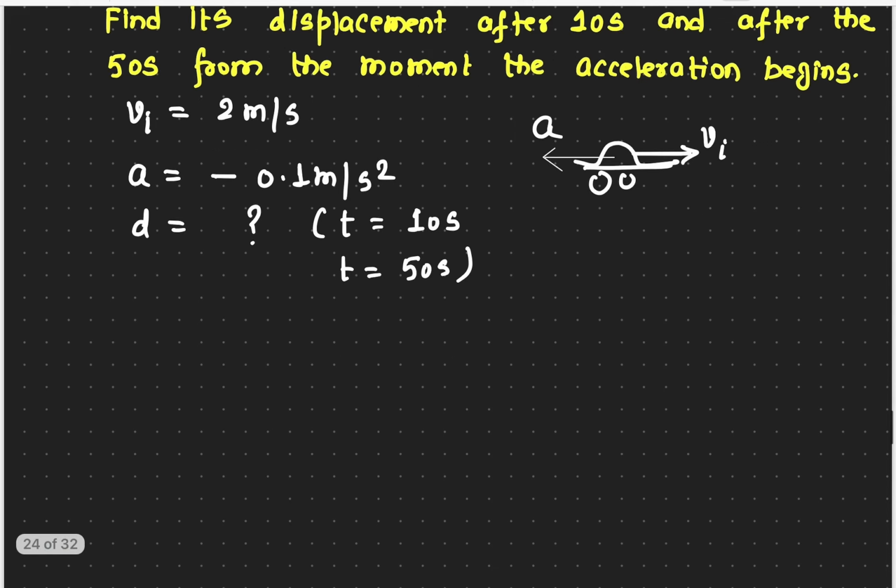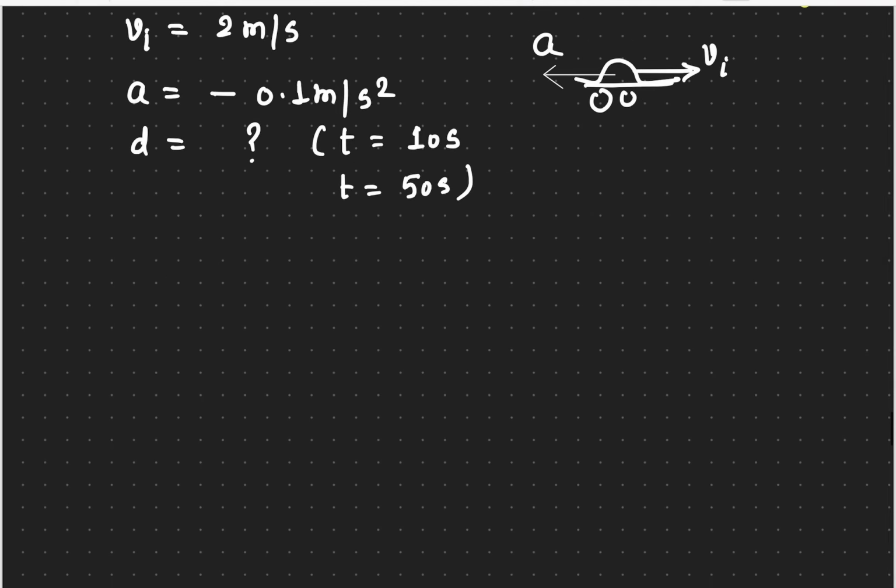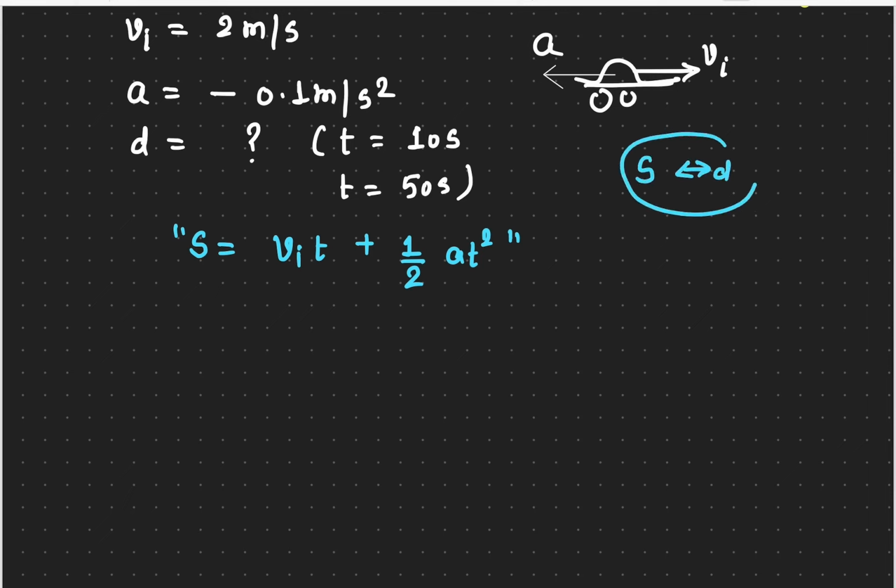So acceleration, velocity and time are given. What equation am I going to use? This equation I'm writing down here: d = Vit + ½at². Remember, the distance and the d are exactly the same thing here.